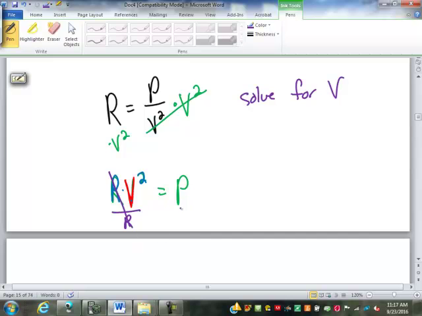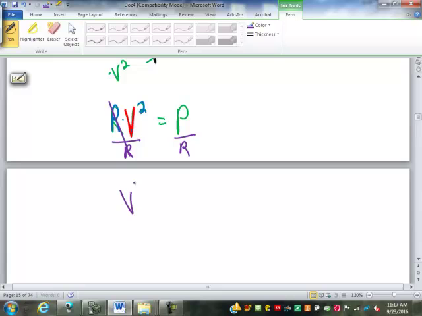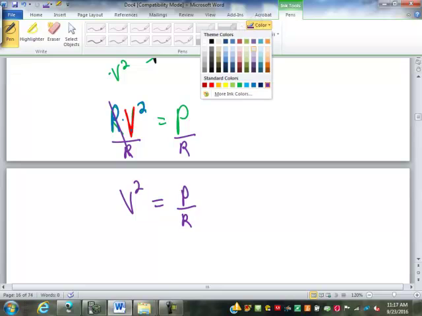So we divide by R, so it's gone. What's left here is V squared. P divided by R, well, we can't really combine the letters, so we're just going to write it as P over R, P divided by R. Remember, a fraction and a division problem can kind of be swapped back and forth.